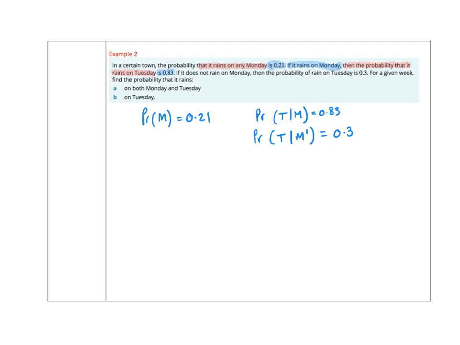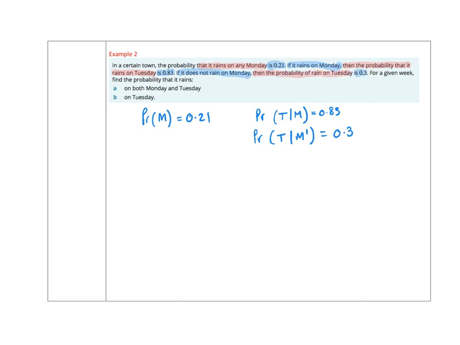Now, this information is not quite as formulaic as we'd like it to be, and it's not going to be as simple a case as simply subbing it into a formula. So again, the context: if it does not rain on Monday, so M complement, then the probability of rain on Tuesday is 0.3.